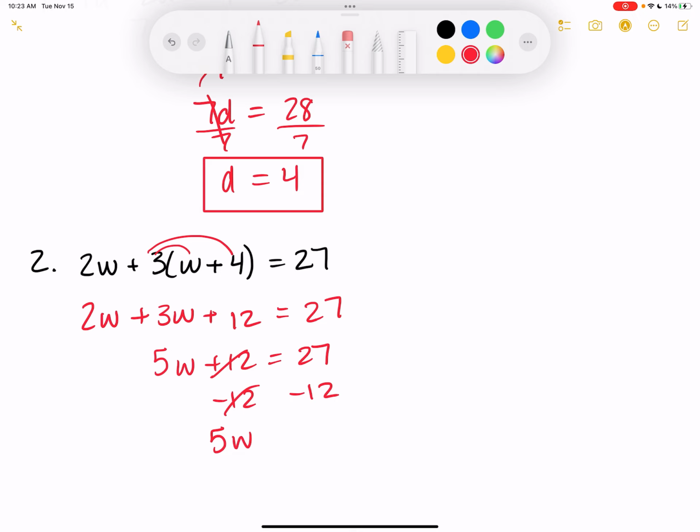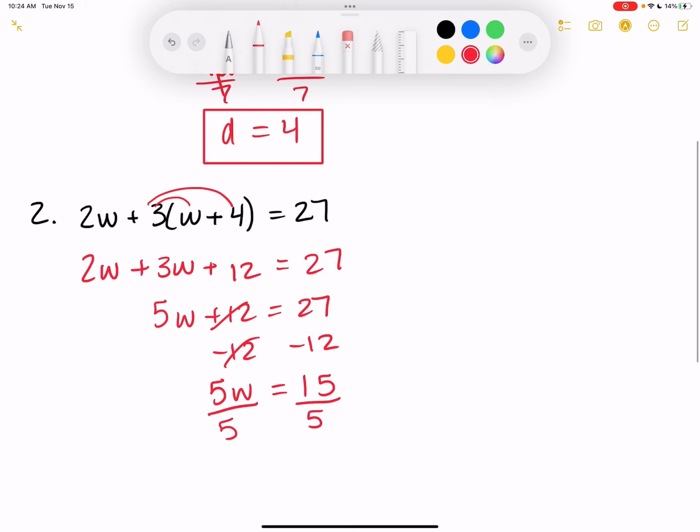So 5w equals 27 minus 12, which is 15. Then what? Divide by 5 on both sides. So w equals 15 divided by 5, which is 3.